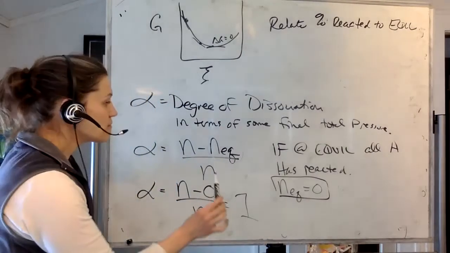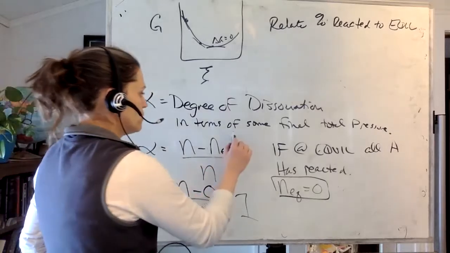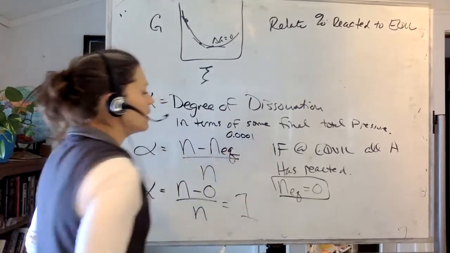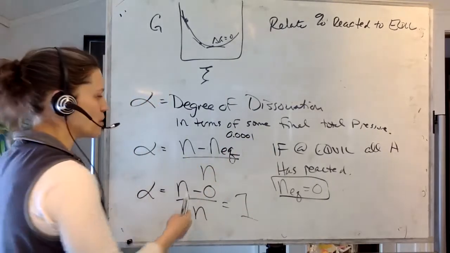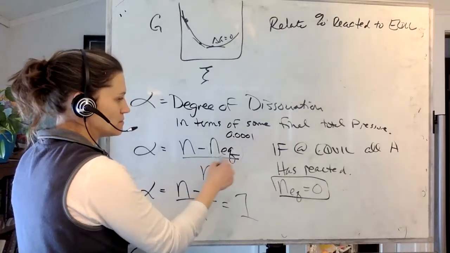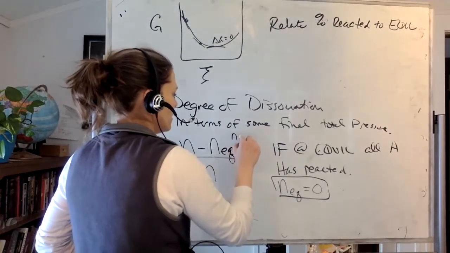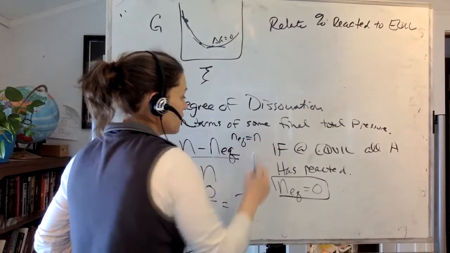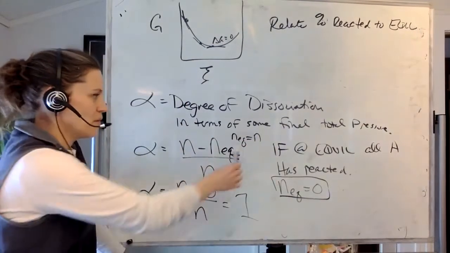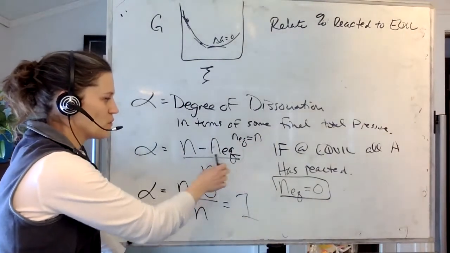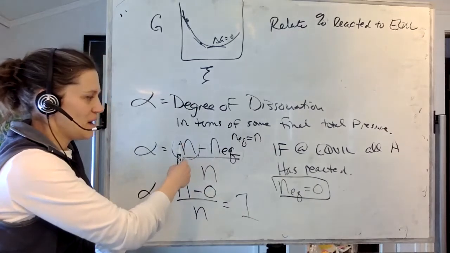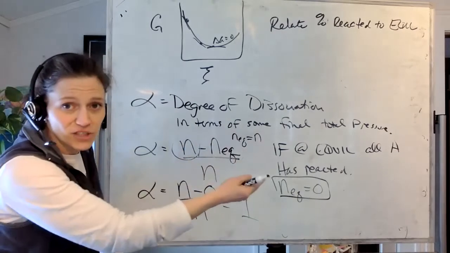If, however, you have, let's say, 0.0001 as the amount at equilibrium, so if n equilibrium is close to n, then that means at equilibrium, we haven't really changed much of anything.